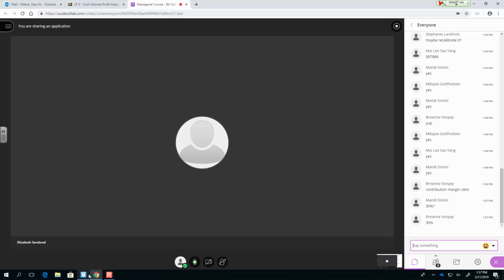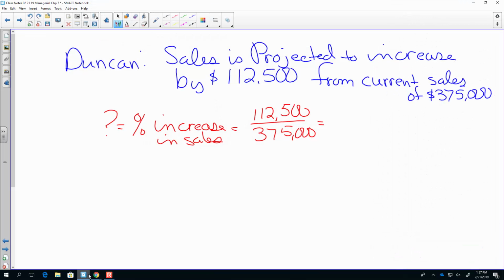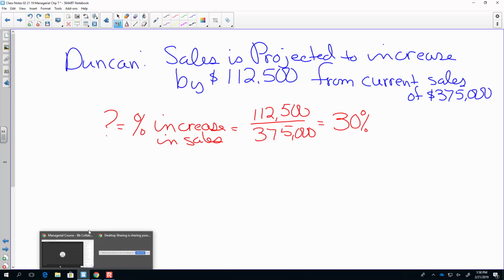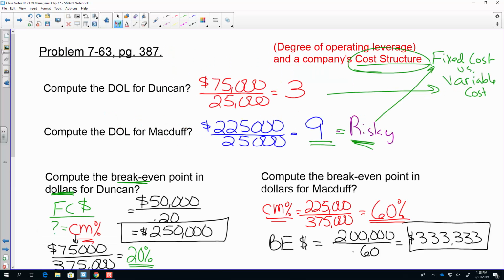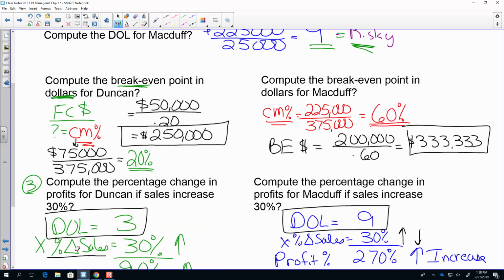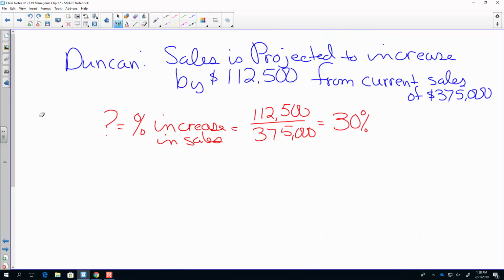Excellent. So I actually did that on purpose. The question that we had back in the problem, I told you the percent. I said the increase was 30. But could you see on the exam where I don't have to give you the percent?